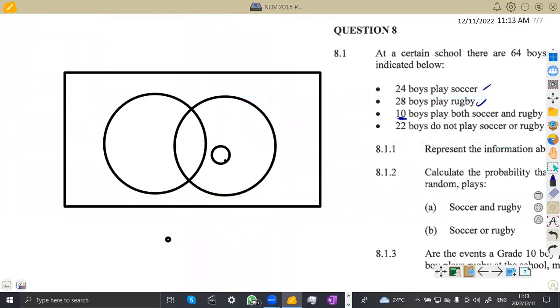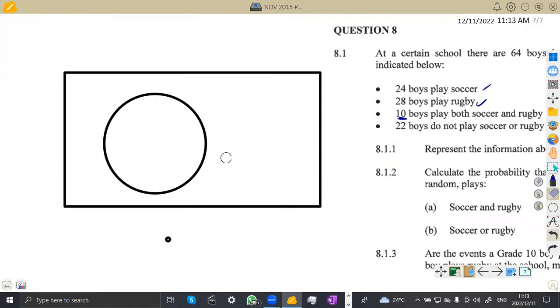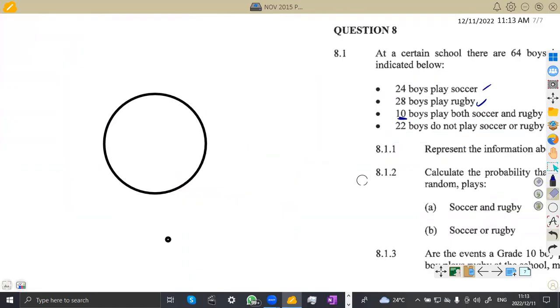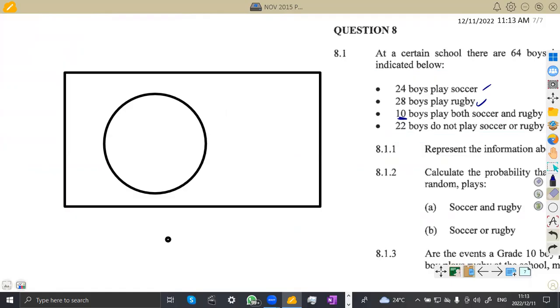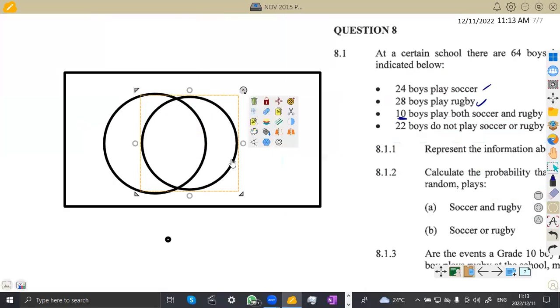It's now removing everything. No, I didn't want it to remove everything. So guys, please pardon me. Let me remove this one. All right, exactly. Now let me put my circle here. Sorry, thank you guys for the patience.